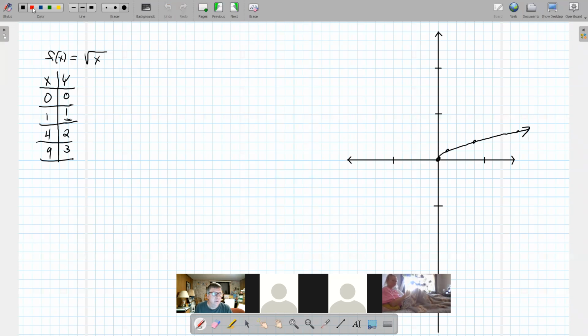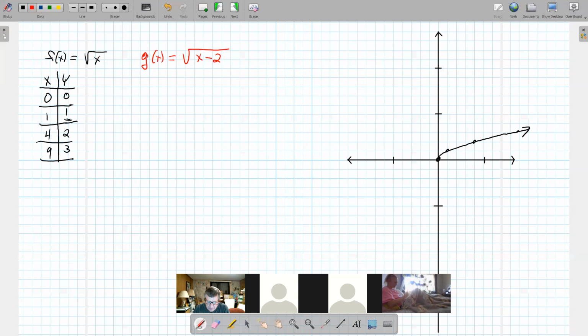But now, next to it, I'm going to put g of x equals the square root of x, and we're going to go minus 2. But the minus 2 is inside the radical.